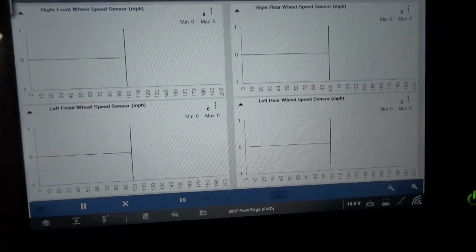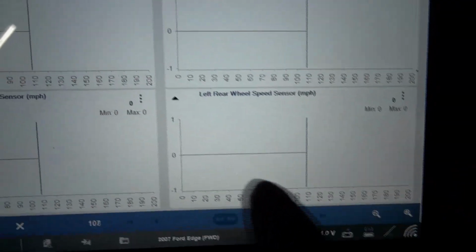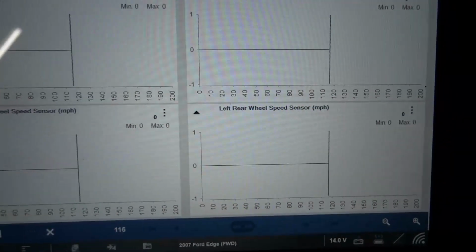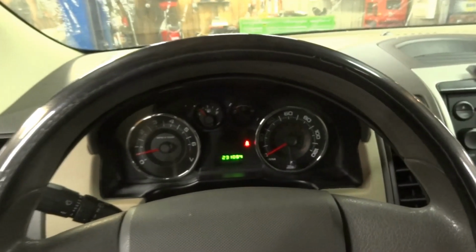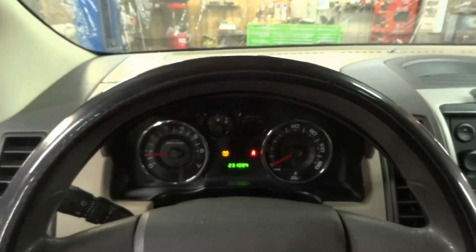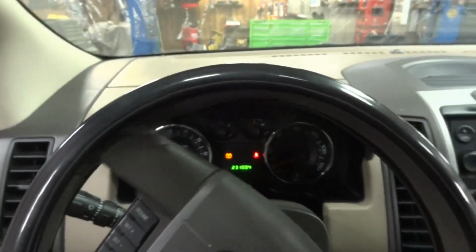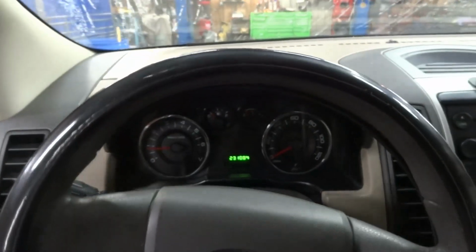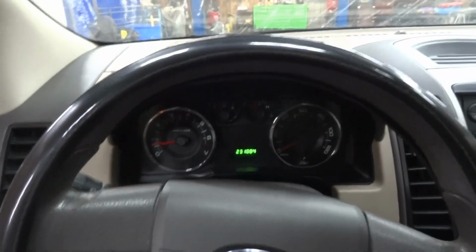Remember before, the left rear, this one over here, is the one that wasn't working. So let's put our scan tool over here. Let's back up. So we're just backing up in the shop. Okay, so we're gonna go forward.